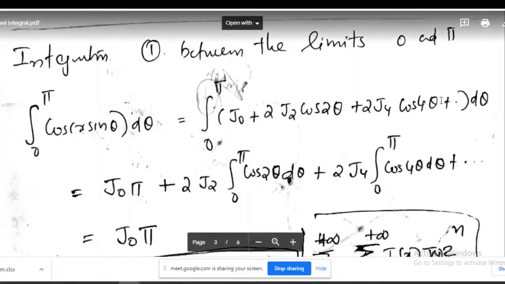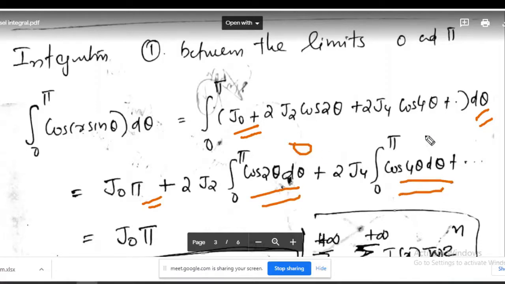As you integrate the first term and apply the limit, you will get pi. And here you have 2J2 this, 2J4 this. As you integrate this, you will be getting 0.